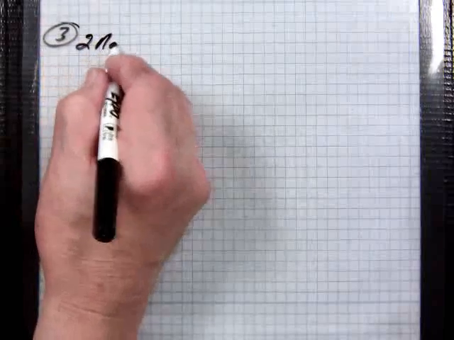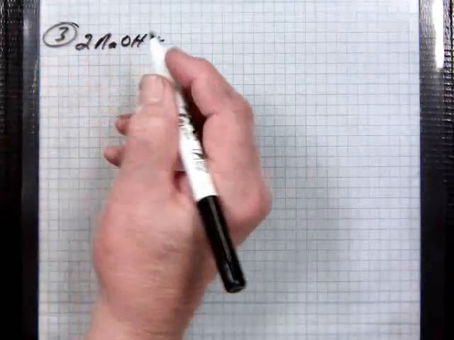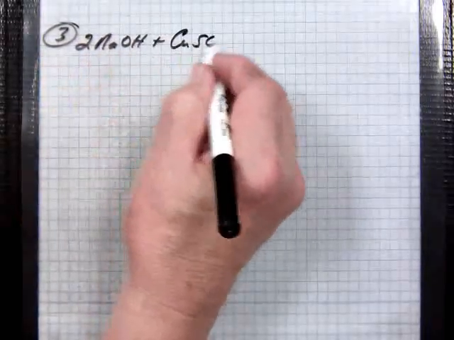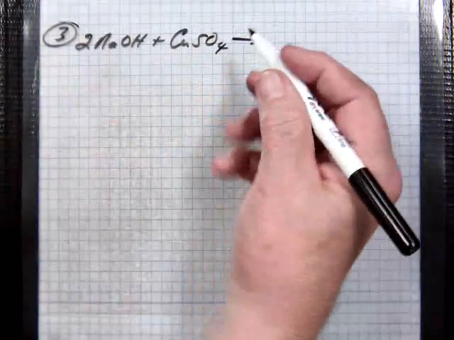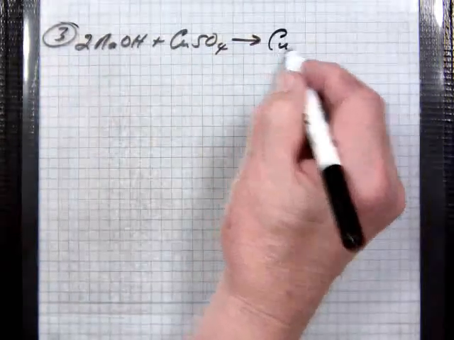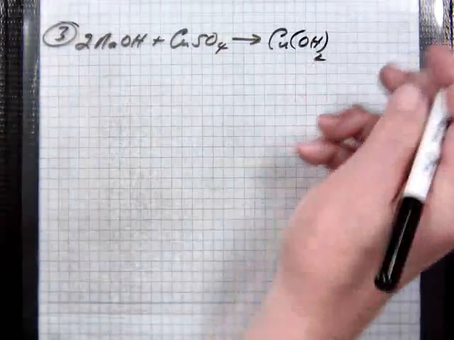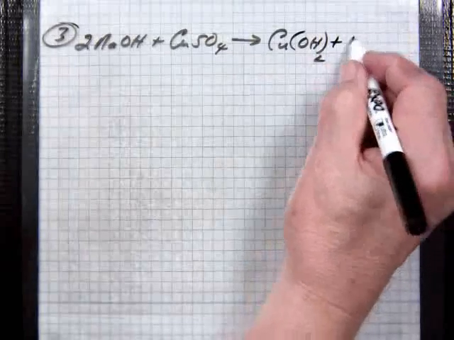Okay, so here we have 2 sodium hydroxides and a copper sulfate goes to copper hydroxide and sodium sulfate.